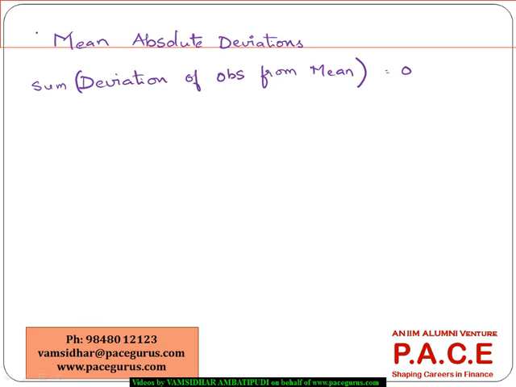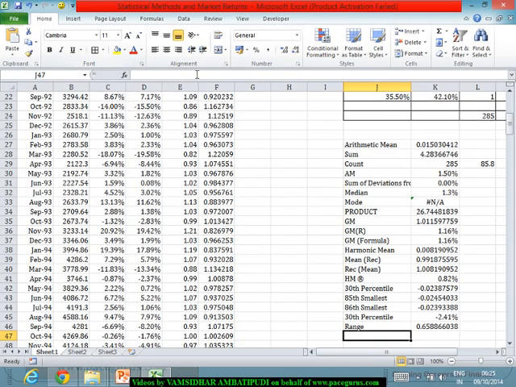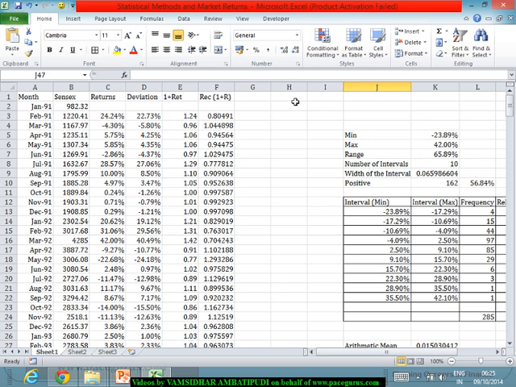That is where the mean absolute deviation made an initial move. What the mean absolute deviation does is that we don't take the deviation directly, we take the absolute deviation from the mean. Even if a deviation is negative, it will be taken as positive. That's the only difference. Whatever deviation I computed earlier, I take the absolute of it, meaning I ignore the negative sign altogether.